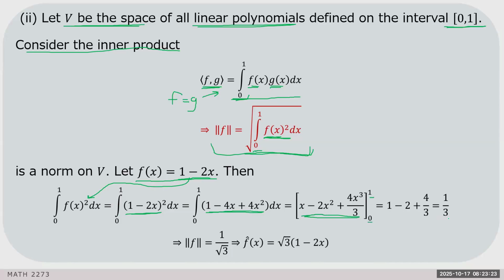When you work out all of that, you get 1/3. But we need to square root it, because what we worked out was the quantity under the square root. So the norm of this polynomial is the square root of 1/3, which is 1 over root 3.